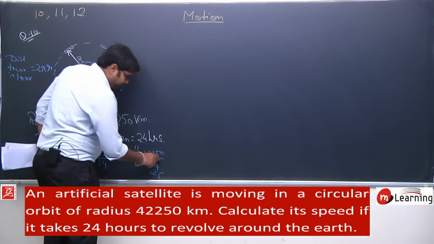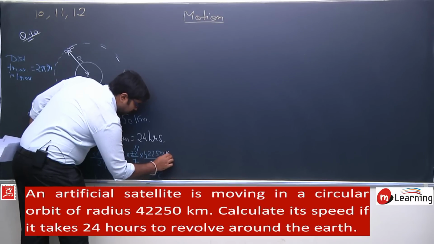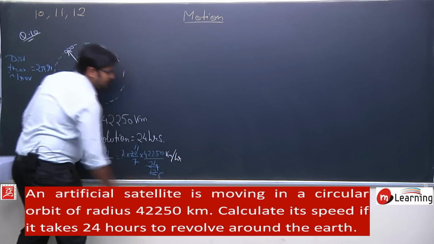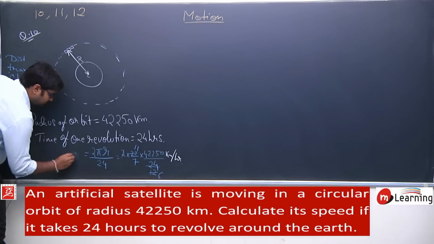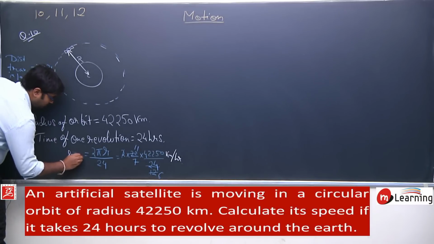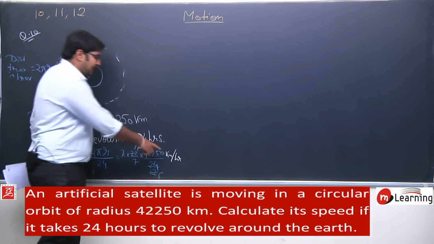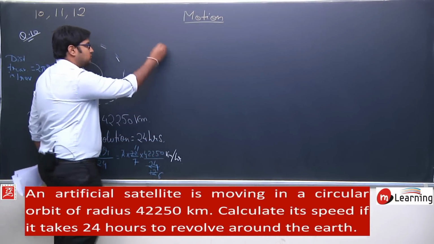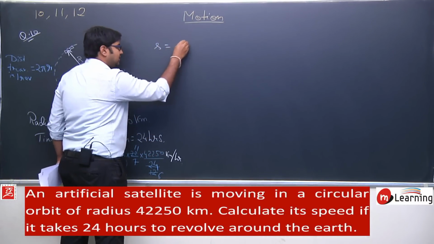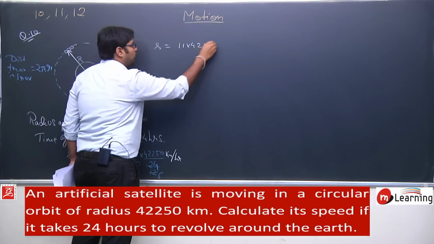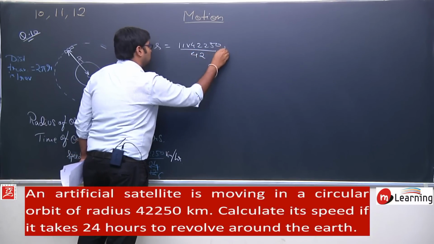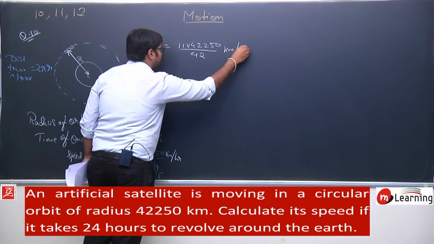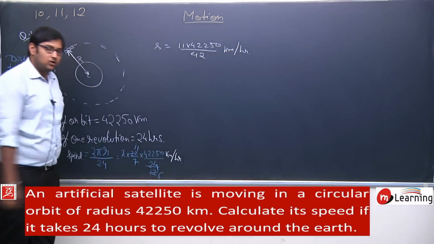So what we can see, this would be in kilometers per hour, this speed. Now we can see that the speed is in kilometers per hour. So speed, if I write, it is 11 into 42,250 upon 6 into 7, which is 42. So this is kilometers per hour.